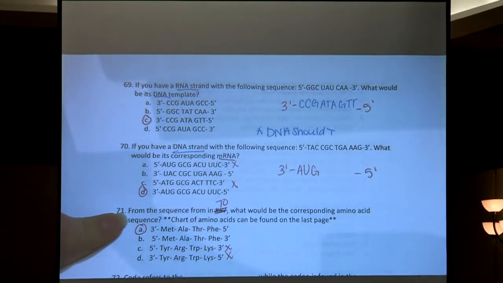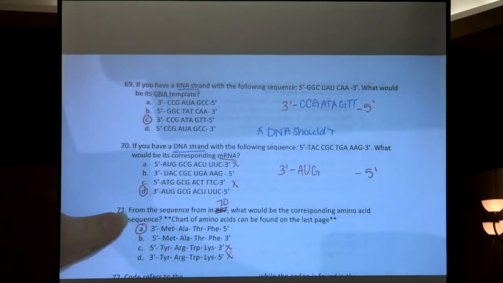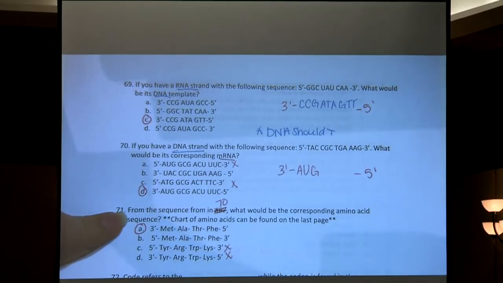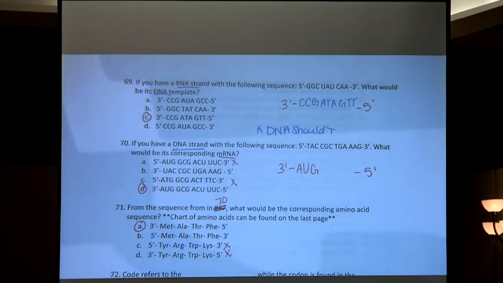So our answer should be A. Definitely make sure you know how to use your chart and how to go from RNA to DNA or DNA to RNA. She could ask either kind of scenario.